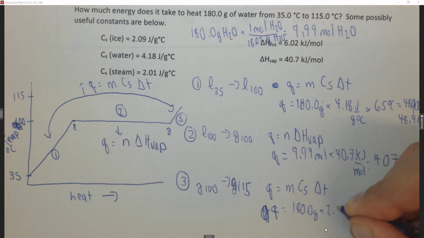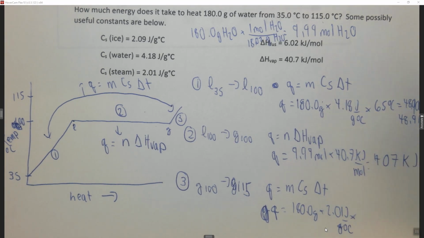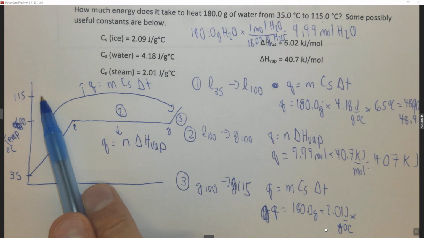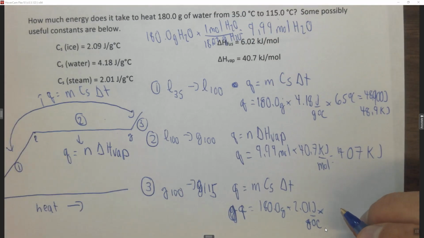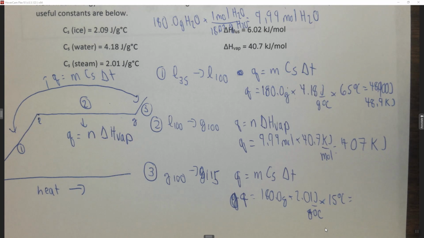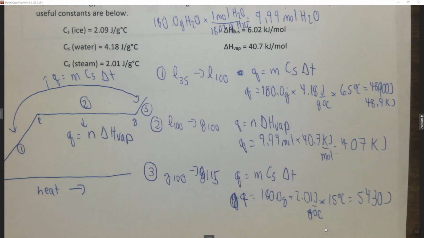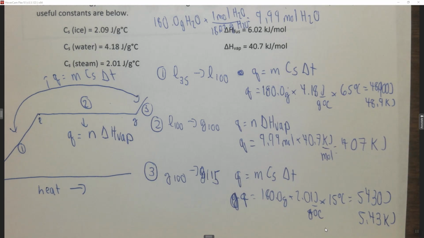So it's 2.01 joules per gram degree C. And the change in temperature here is 100 to 115, which is 15 degrees C. When you do that math, you get 5430 joules to 3 sig figs, or 5.43 kilojoules.